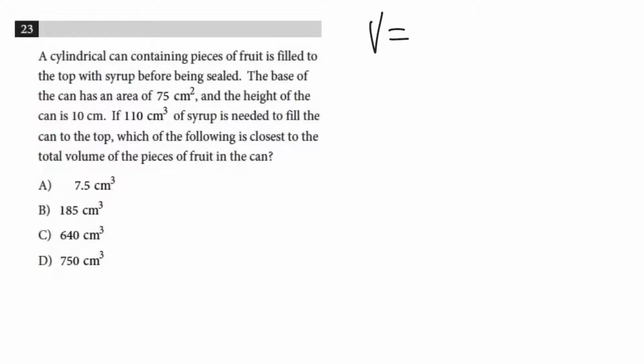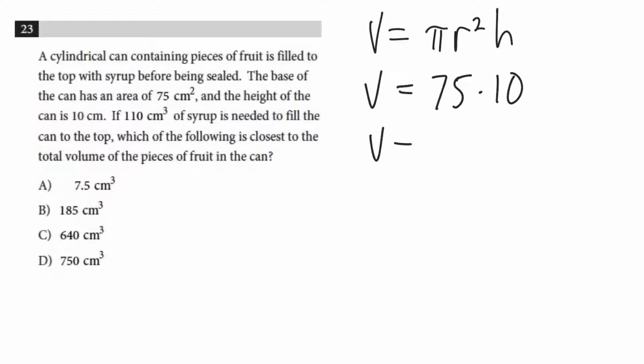the volume of a cylinder is the area of the base times the height. Okay. And we know that the base of the can has an area of 75 square centimeters, and we know the height is 10.